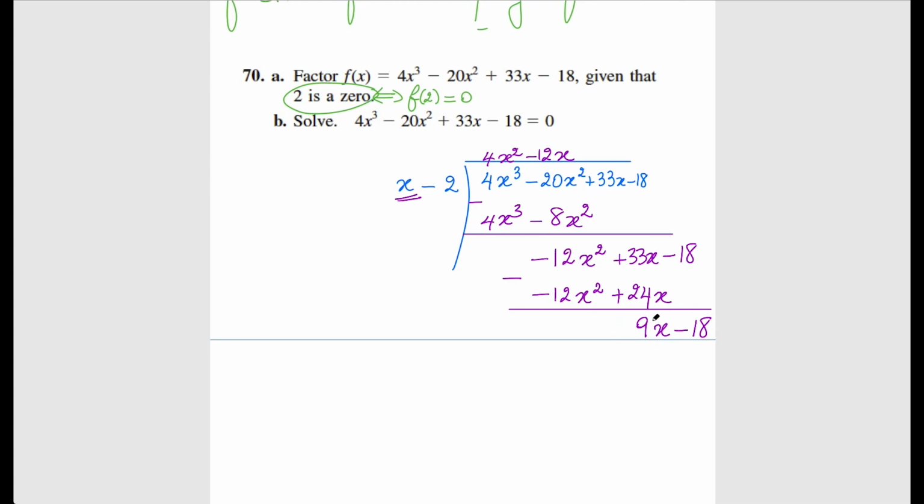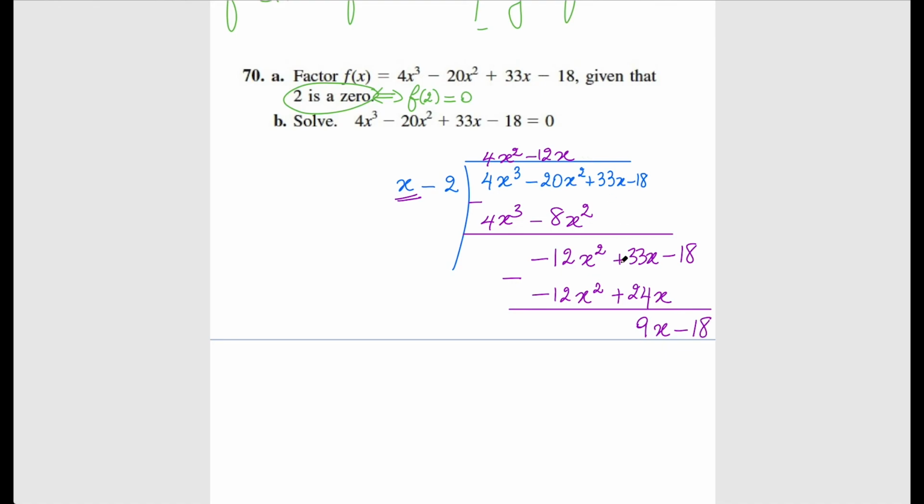We're not there yet. We should have a remainder. It should be a constant because the degree must be smaller than the degree of the divisor, which is 1. But we know that the remainder must be 0, right? They told us that 2 is a 0, which means x minus 2, by the factor theorem, is a divisor of f of x. So I should get 0 for sure as a remainder. Hope you see it. If not, let's do it.